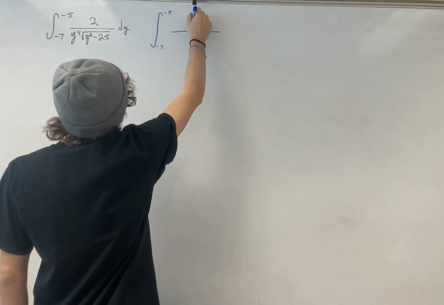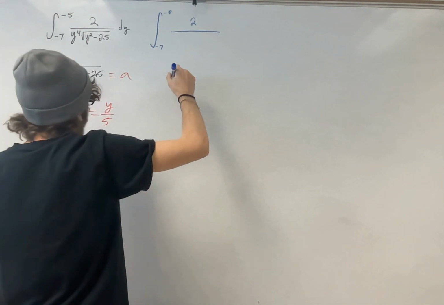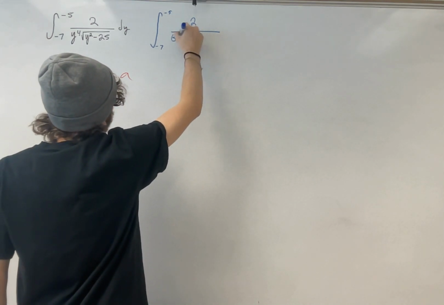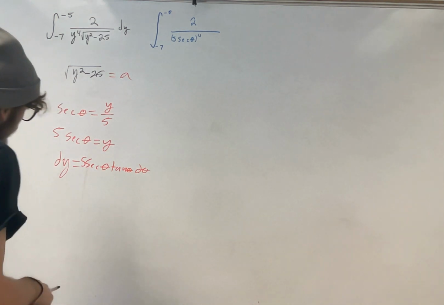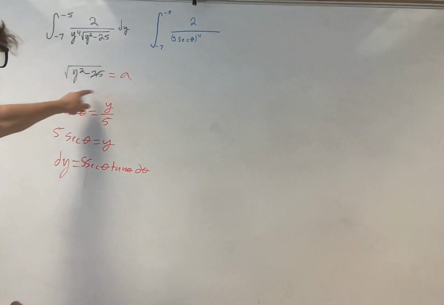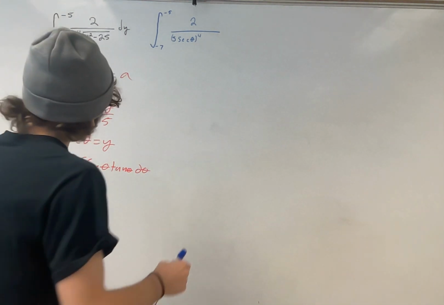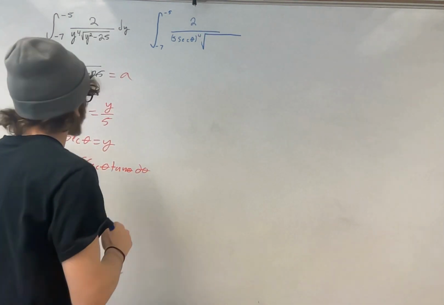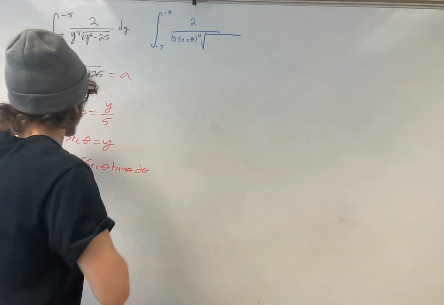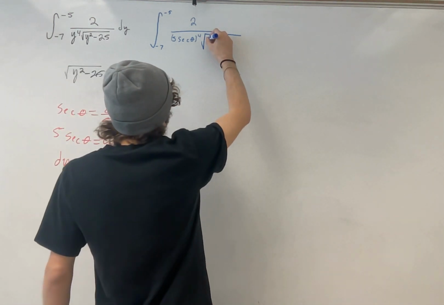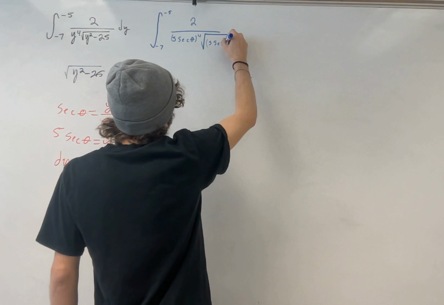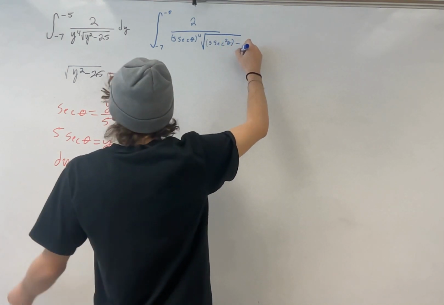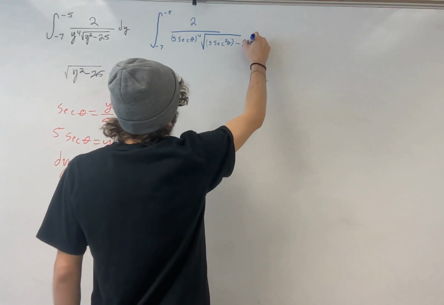We have 2 over y to the 4th, so this is 5 secant theta to the 4th. And then we have a little square root term here. We're going to say times the square root of y squared, which is 5 secant squared of theta minus 25.